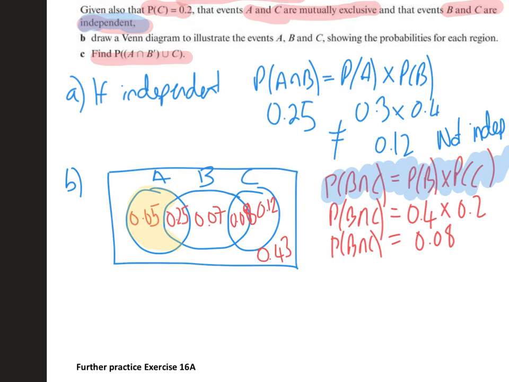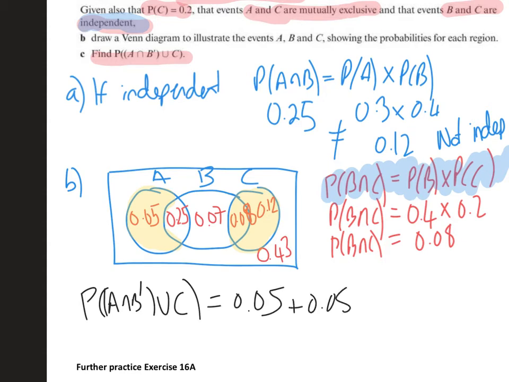Or I want C happening, which is this bit. So that probability is just those added together. So the probability of A and not B or C is 0.05, add 0.08, add 0.12, which gives me 0.25.